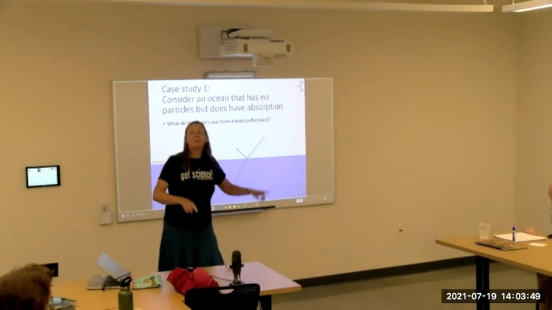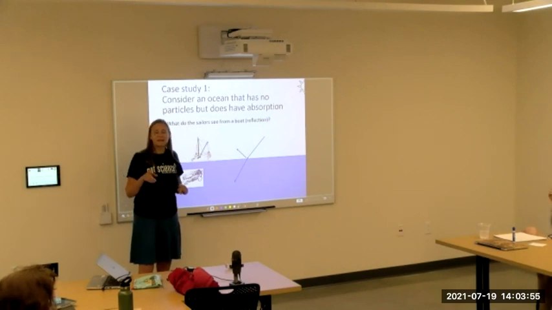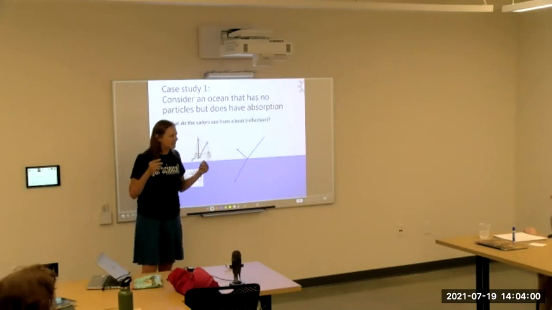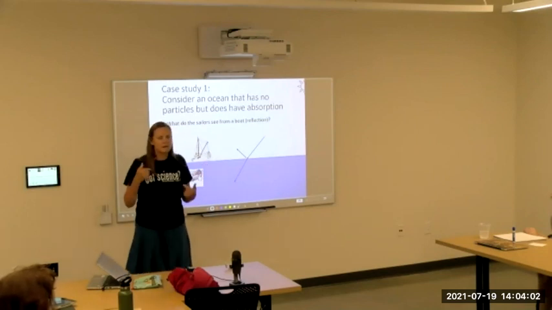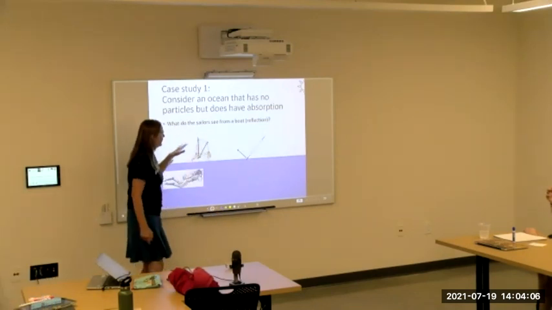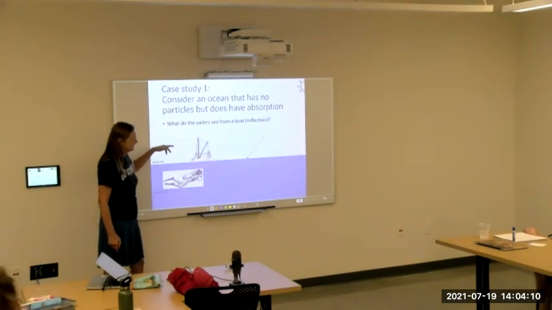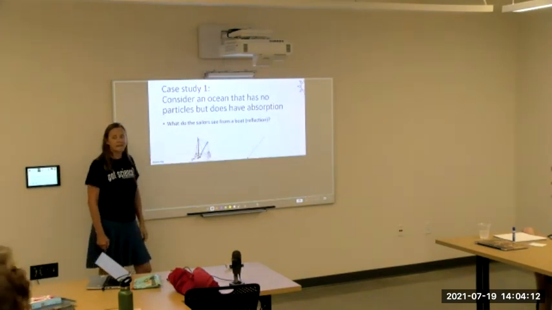Scattering. Scattering, but I told you don't have any scattering. Sometimes your intuition is not right. You have to really think about the fact that if there's nothing to scatter and nothing to reflect off the surface, that's what you see.